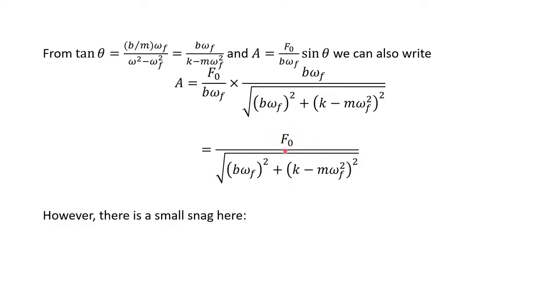This F0 value will always be given as positive, like 13,000 newtons or whatever, the maximum value of the external harmonic force, or the amplitude of that external force. So this will always be a positive value. So this expression will always be positive if we choose to use it.